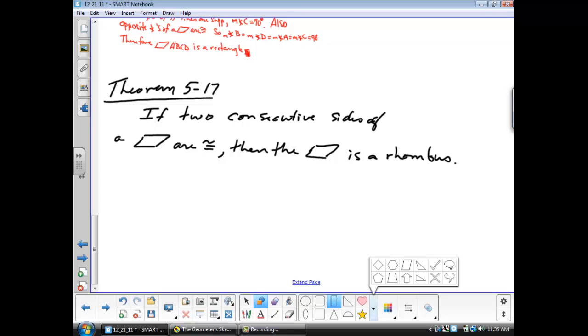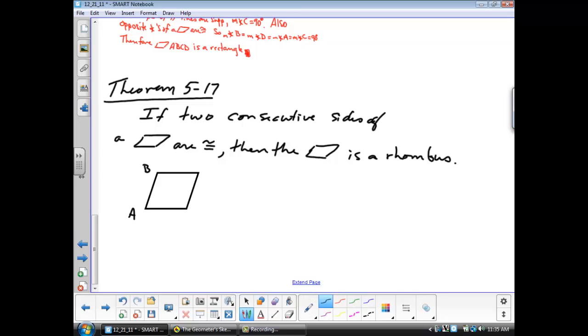Up with our parallelogram figure that we want. We're going to be given that ABCD is a parallelogram and that two of the consecutive sides are congruent. What does it mean for sides to be consecutive? One right beside the other.